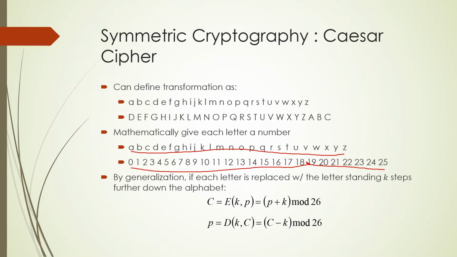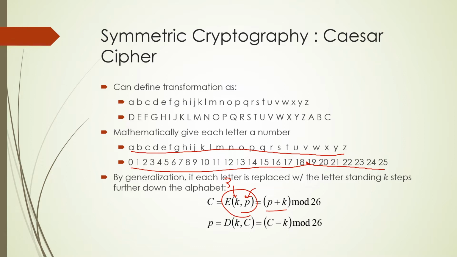If you do this conversion from letters to numbers from 0 to 25, then we can say the encryption algorithm of Caesar cipher on a given key, which was 3 in the previous example, and on a single letter P would be equal to (P + K) mod 26. Mod 26 is because we're going to wrap around the alphabet. After we reach Z, we go all the way back to A. So that's why we do mod 26 at the end.